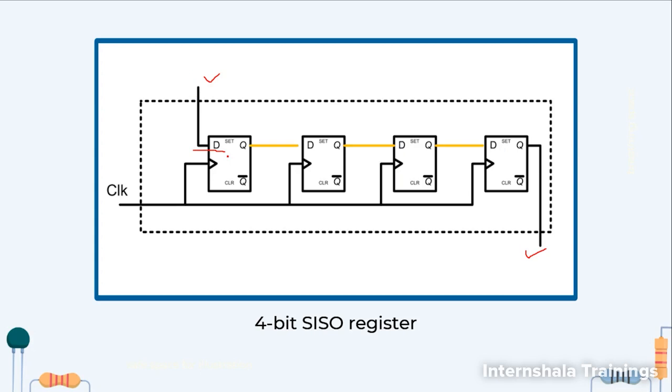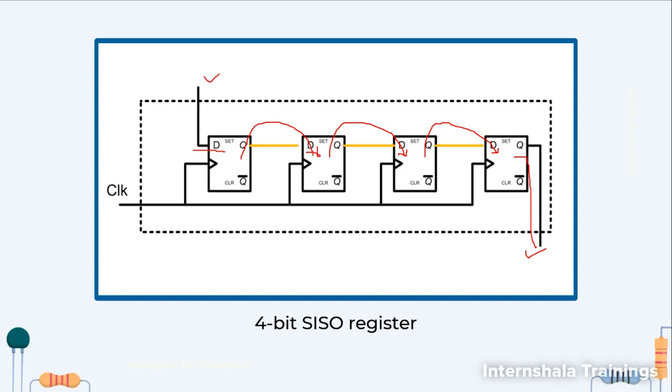It can only be accommodated if the data from this register is shifted to this one, and here we make this shift and this one. So the data will be shifted towards right serially, and then the new bit can be loaded. And once we make the last shift, the data will come out from the output bit.